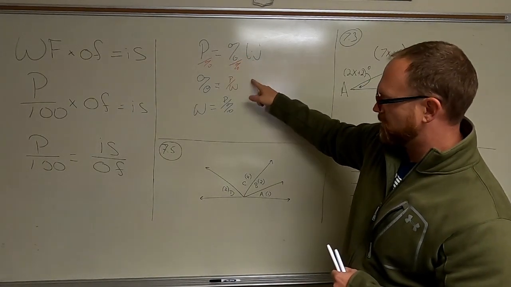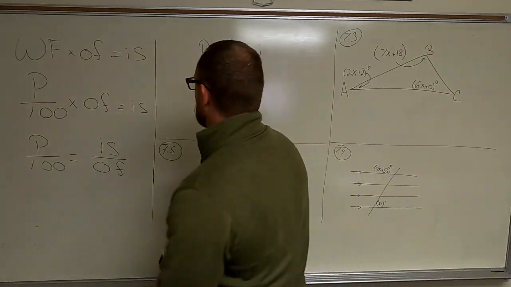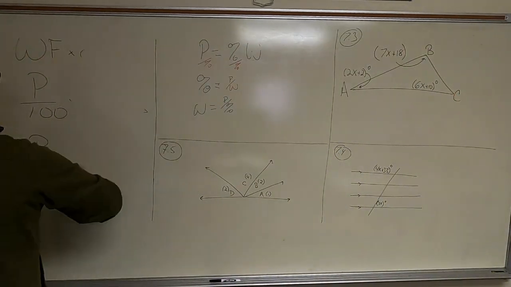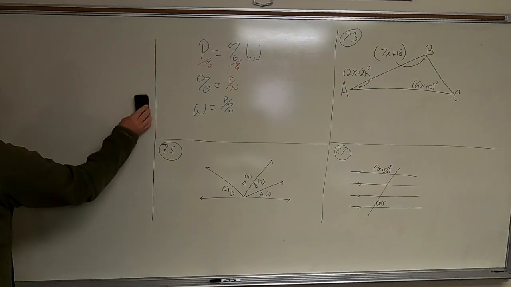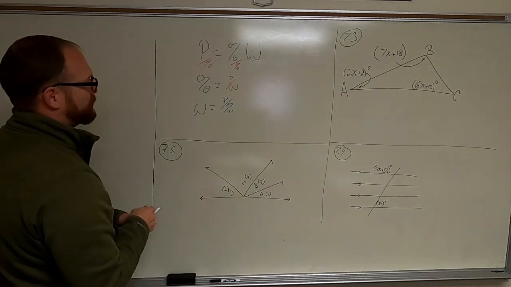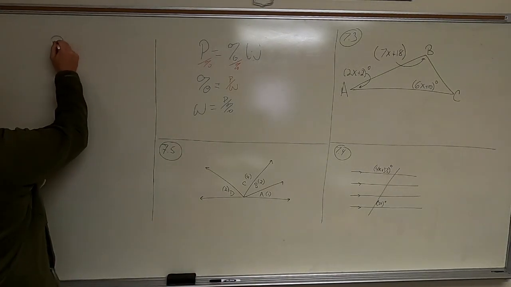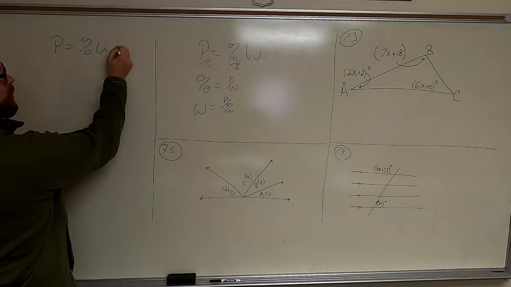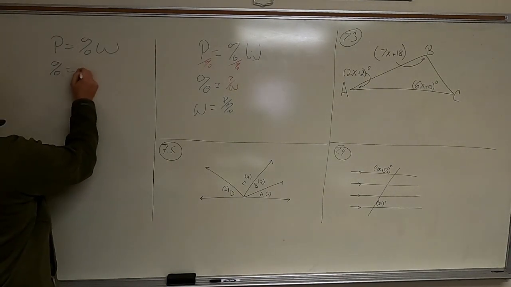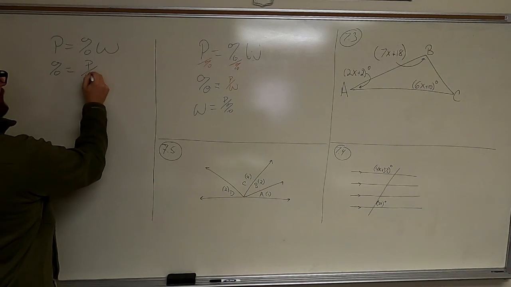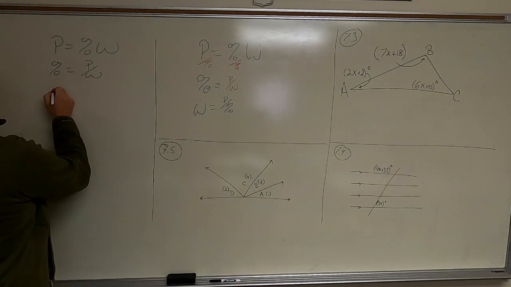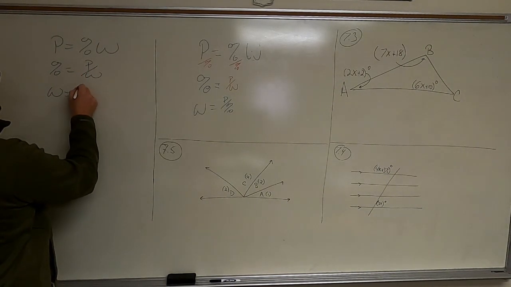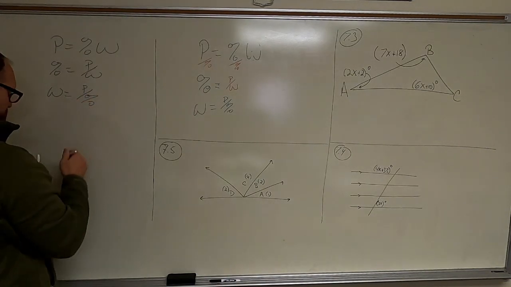And then we can make it work for us this way. So I'm going to rewrite what we did here. Part equals percent times the whole. Percent equals part divided by the whole. And then whole equals part divided by the percent.